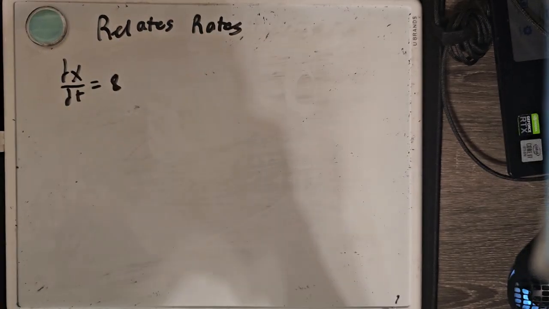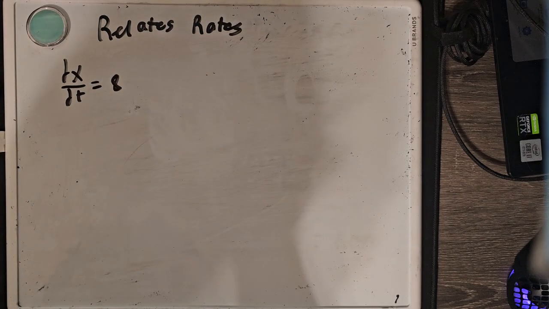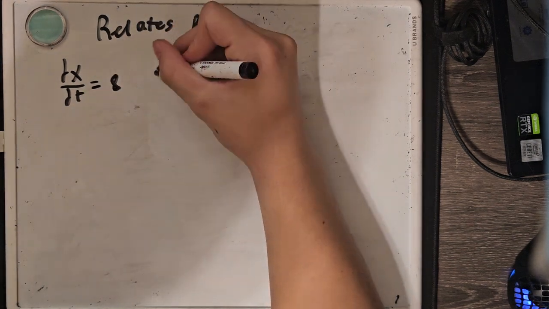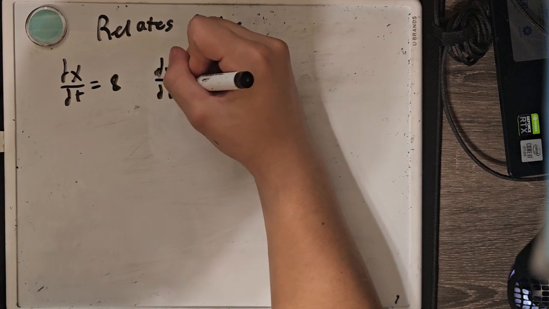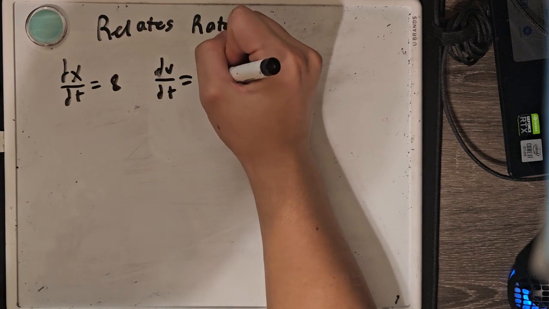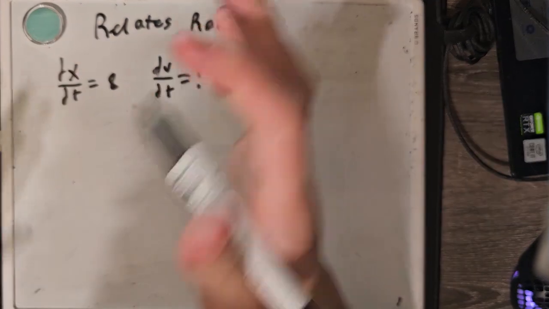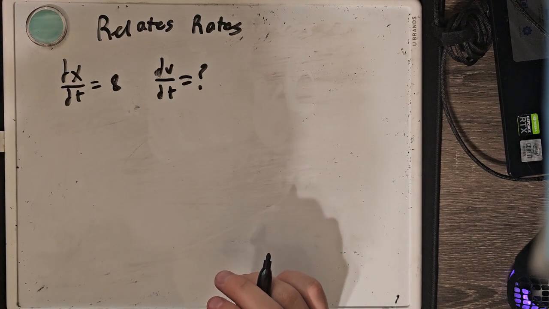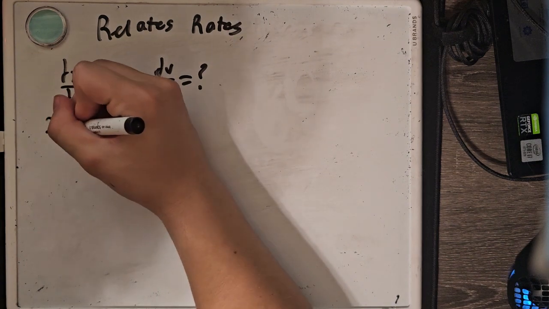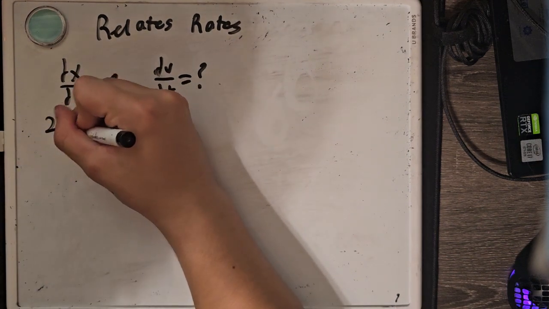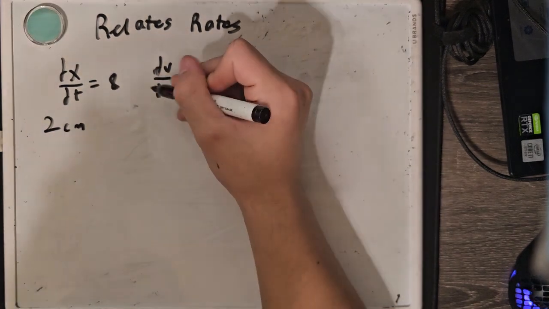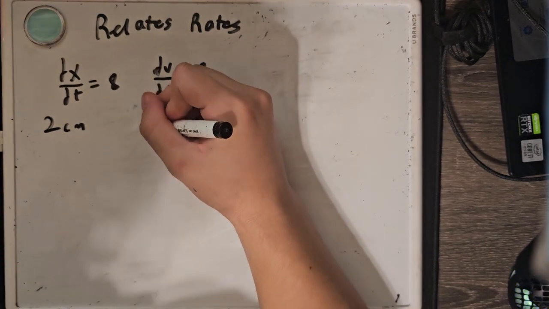Now, the derivative of the volume, dV/dt, is going to change depending on how far we are along in time. So, for example, when the edge is 2 centimeters, well, first we need an equation to find the volume from each side.